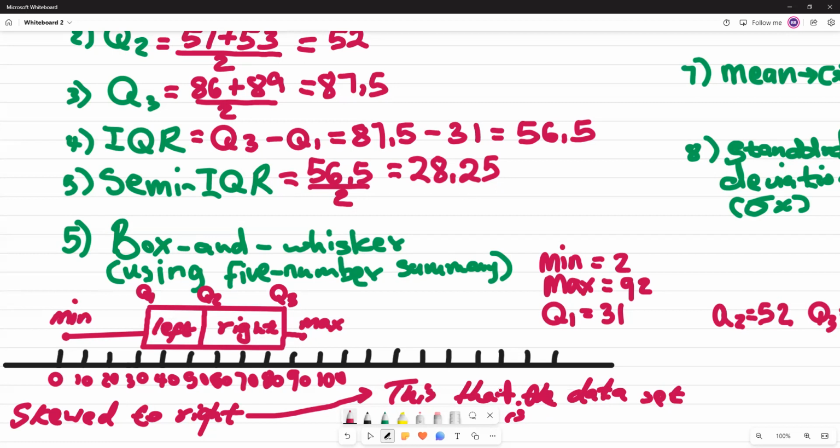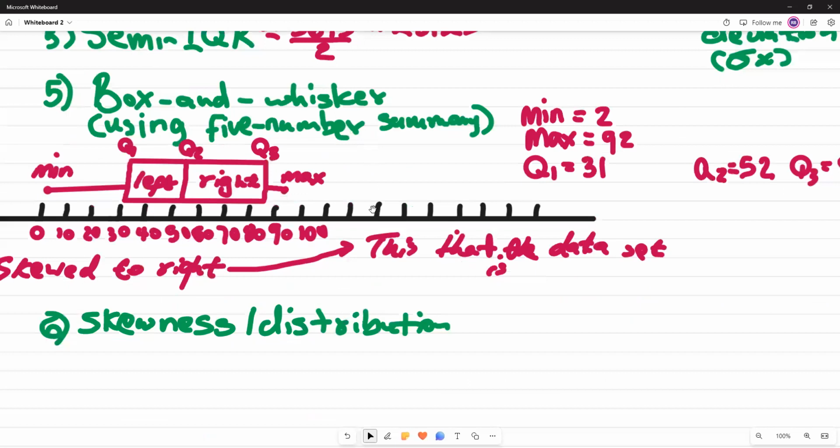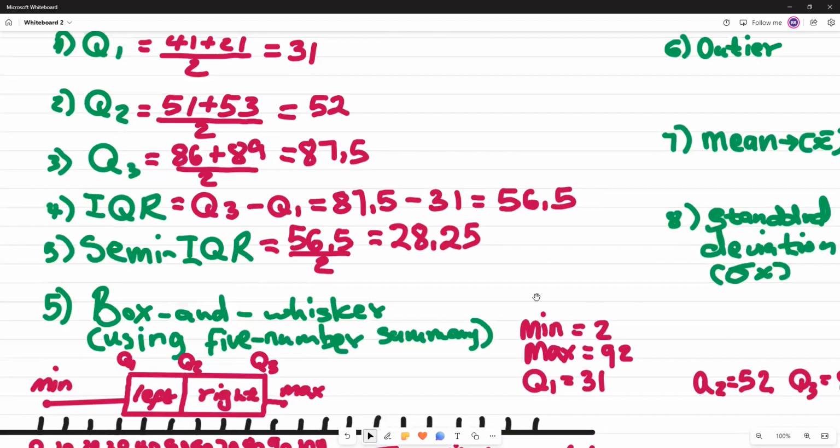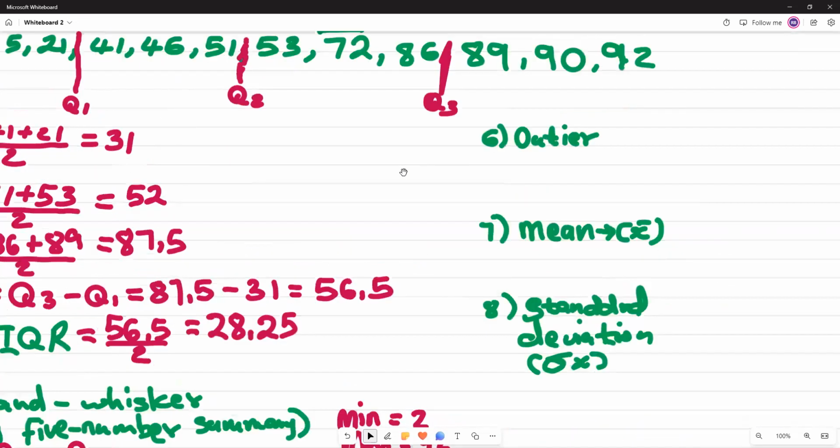So the data set is distributed to the right of the mean. Okay. And then let's see if we have answered everything on this side. Let's check. Number 6 was skewness. Yeah, we're done. So now let's go to the outlier.